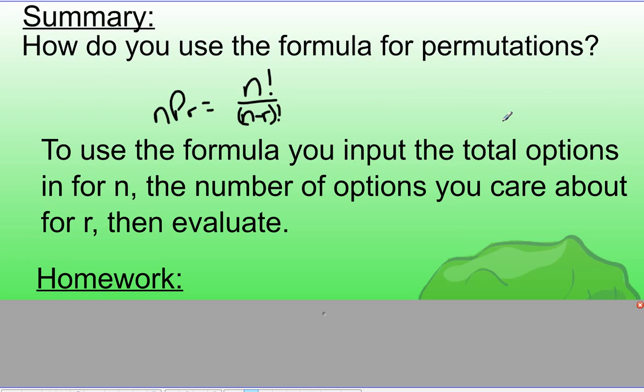I put down the formula for permutation. That's the formula we're referring to. To use the formula, you input the total options for n, and the number of options you care about for r, then evaluate. So when we were doing 12 permute 3, it means there's 12 possible things that could happen, but we were only picking the first 3.